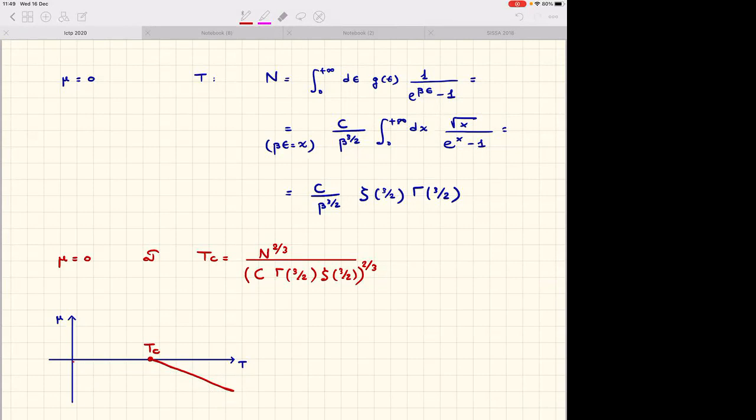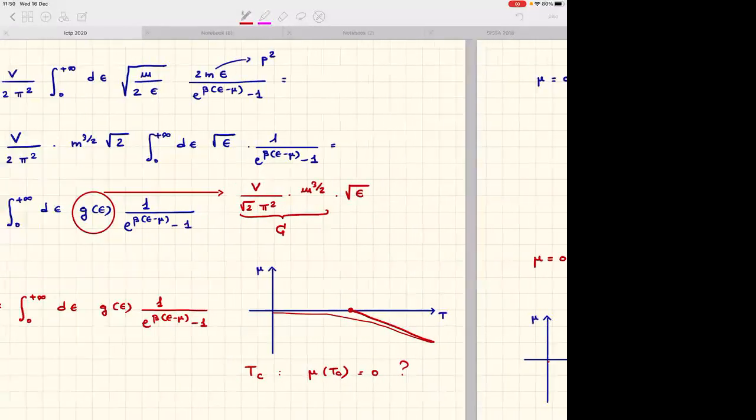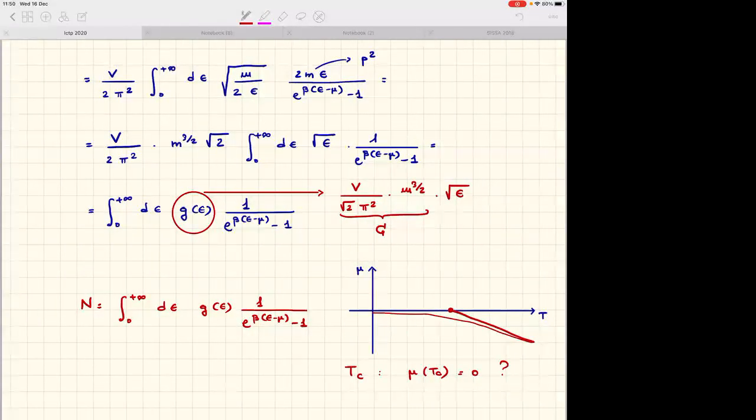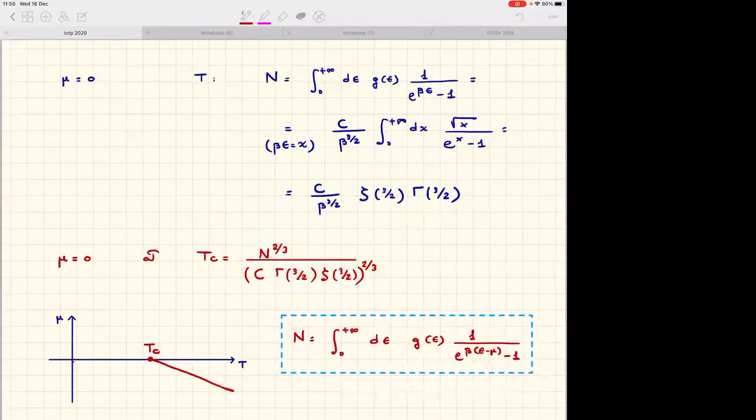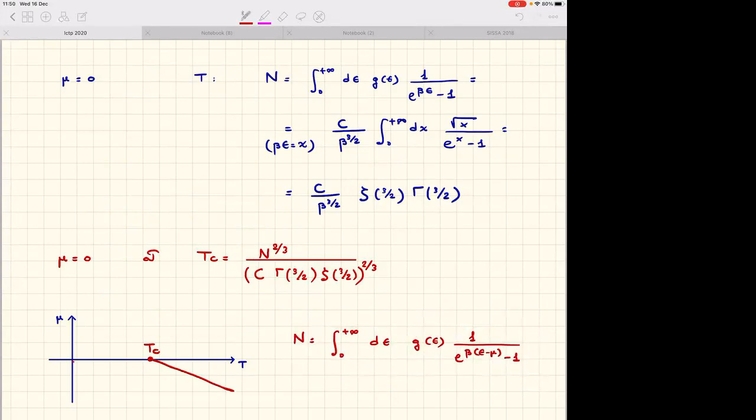Good. Now, what happens for temperature smaller than Tc? Well, for temperature smaller than Tc, the problem is that in order to solve this equation, you would need mu positive.